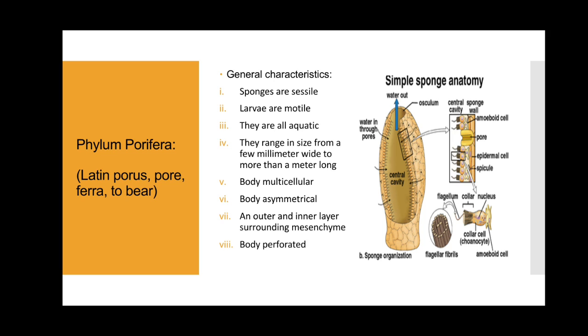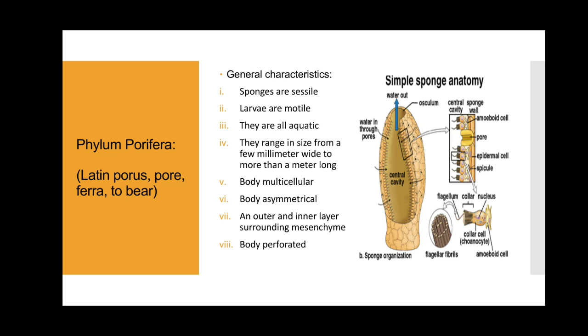So sponges are the organisms which belong to this group Porifera. These are sessile. It means they cannot move from one place to another place, so they are attached to the rocks at the bottom of the water. But their larvae are motile.